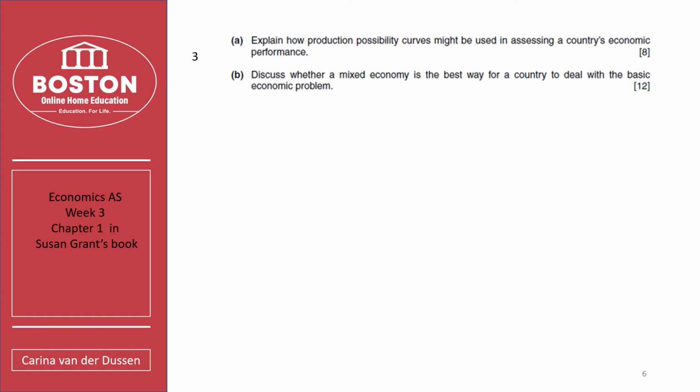You can start with, you remember those 3 questions: what to produce, how to produce, and for whom. Or you can start by saying what a mixed economy is. But okay, wherever you start, if you want to explain that a mixed economy is the best way, you'll have to explain your market economy and your planned economy very shortly.